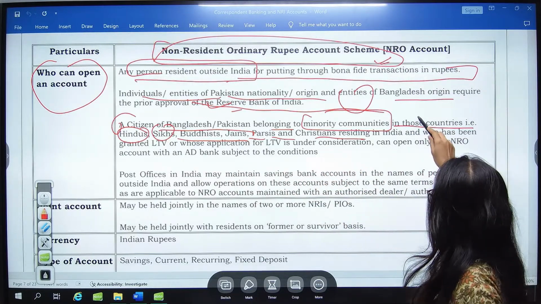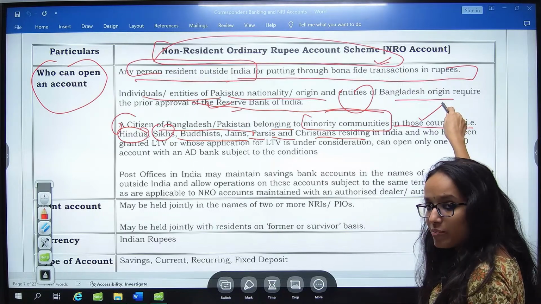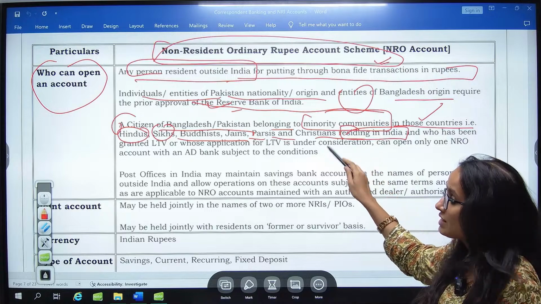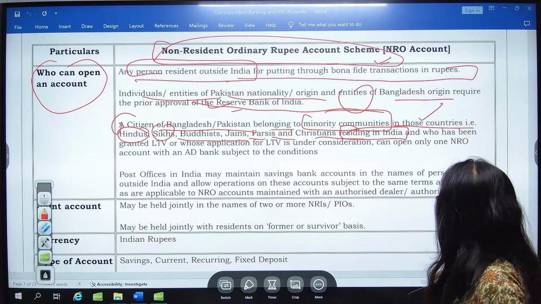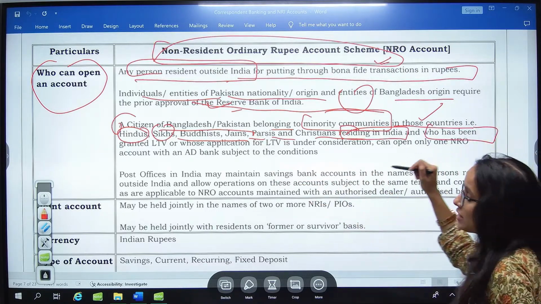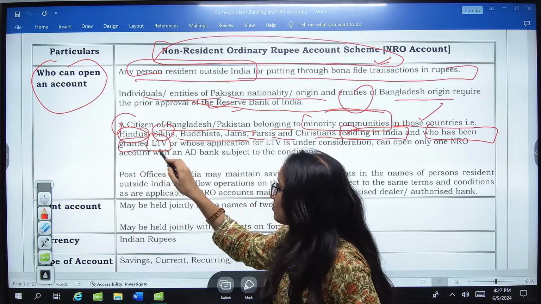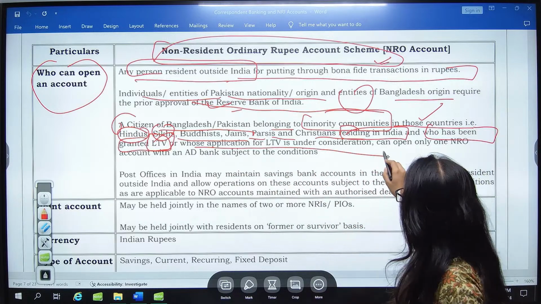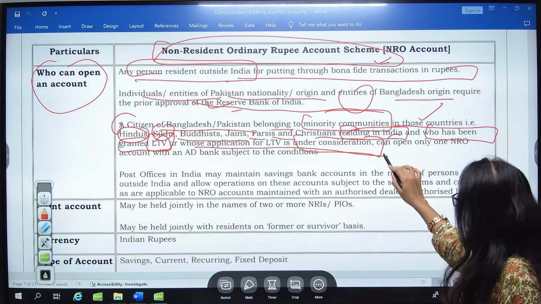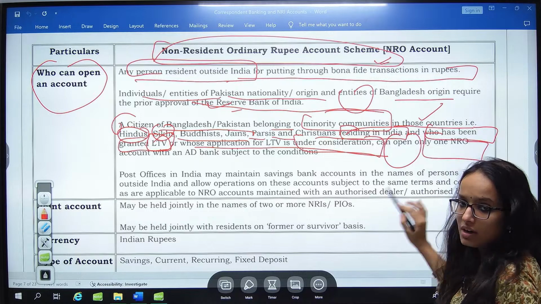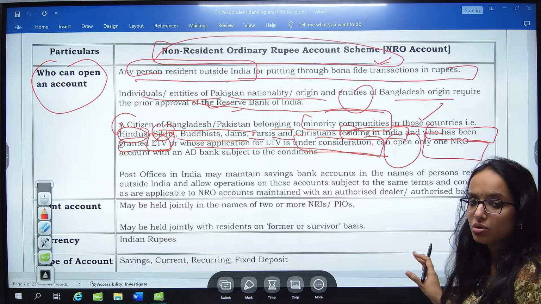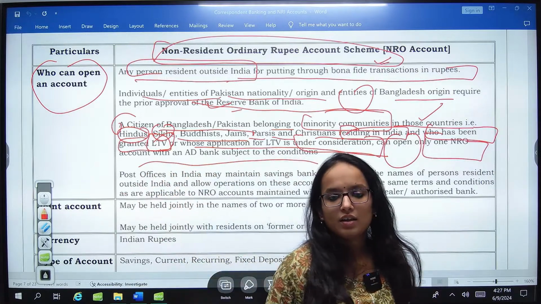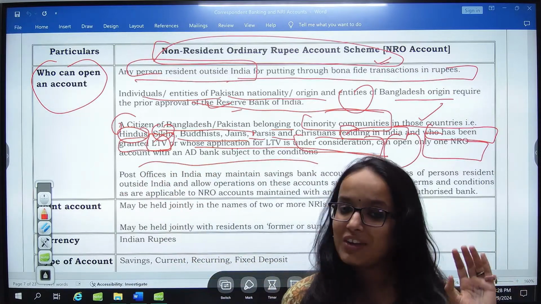Such citizens belonging to minority communities of Bangladesh and Pakistan who are residing in India, they are citizens of those countries but residing in India and who have gained LTV, long term visa, or whose application for long term visa is under consideration, can open only one NRO account with an AD bank, authorized dealer bank, subject to conditions. These particulars are mentioned very specifically, right?